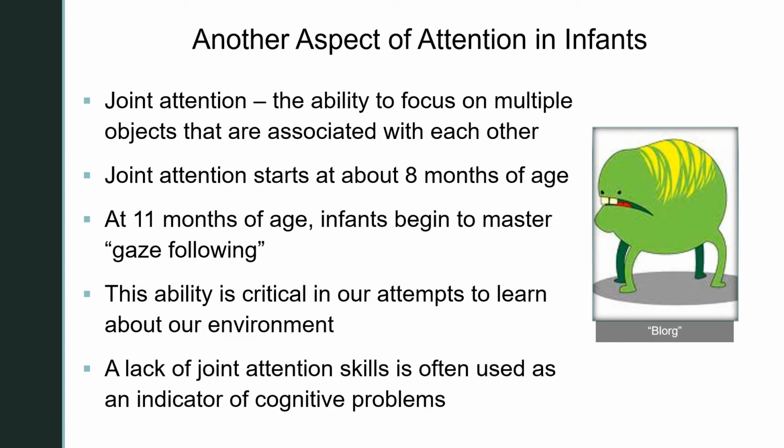What most researchers have shown is that about 8 months in, as we've been able to sustain our attention longer and longer, children start to display the ability to, say, pay attention to a parent and something that that parent is looking at, or look at multiple elements of their environment at the exact same time.